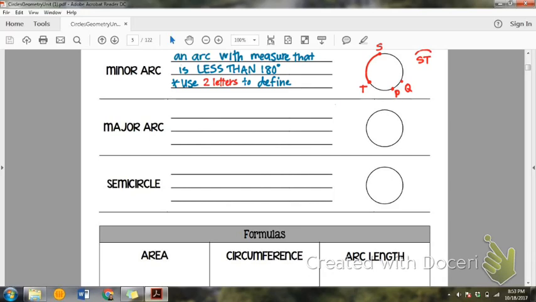Would you also agree though that from P to Q, that's also a minor arc, right? So PQ happens to be a minor arc, okay?